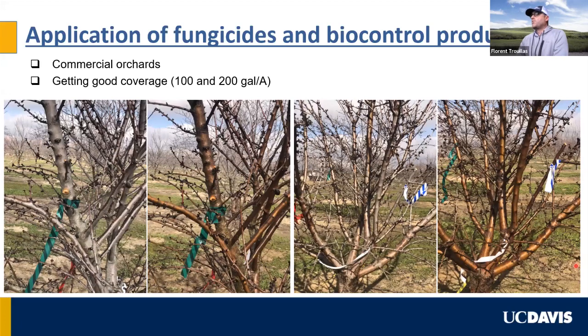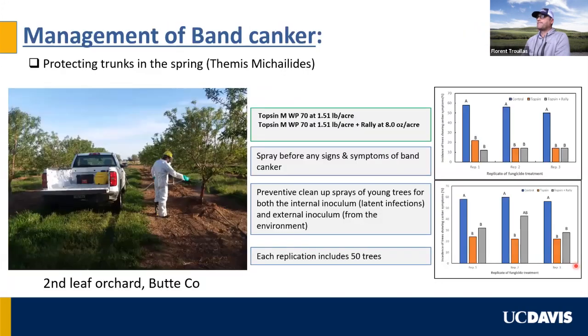These are just ways to have better coverage when we're going to spray these young trees that were just pruned for primary and secondary scaffold selection. The idea is to get the pruning cuts wet, so any product, either a conventional product or biological control product, will receive good coverage and will have the best efficacy. So right now we're looking at these different volumes to make sure any of these compounds could be efficient, again using a conventional air blast system, which is the easiest approach for growers these days.